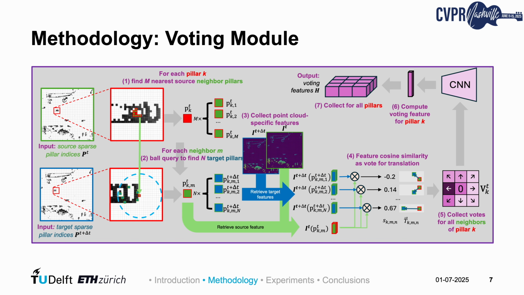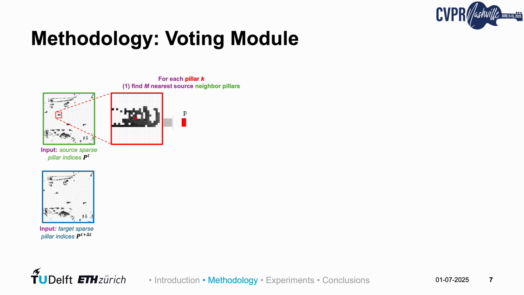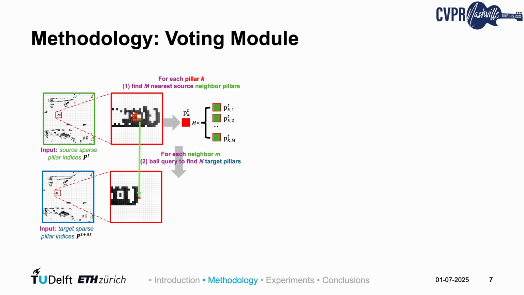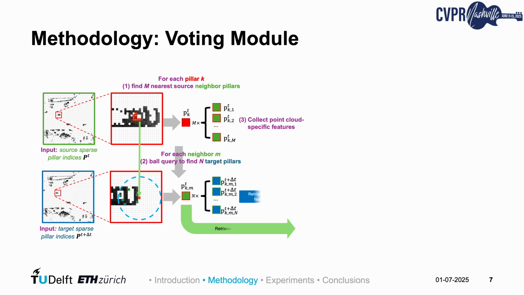Now let's delve into the voting module, which operates in voxel space for efficiency. Its steps are: 1. For each non-empty pillar at time t, find its m nearest pillar neighbors at time t. 2. For each of those m neighbors, select n random pillars at time t plus delta t within a predefined radius. 3. Use pillar indices to fetch their features from the pseudo-images. 4.